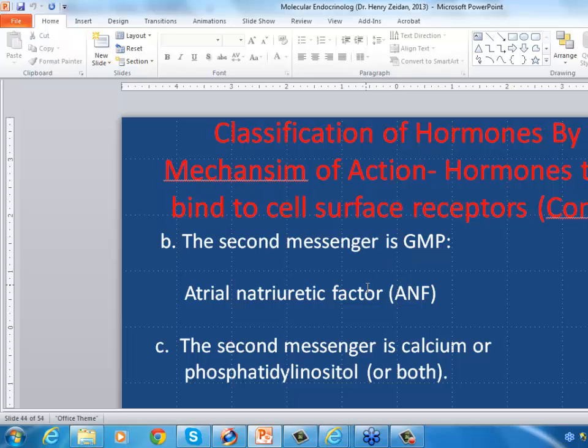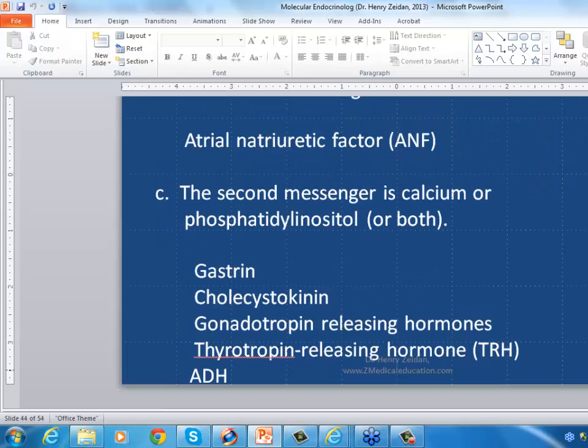Let's follow this pattern. Second messenger also can be calcium or PI, as we stated, phosphatidylinositol, or can be both. And we already addressed the function of the bipolar agent lithium on the second messenger.